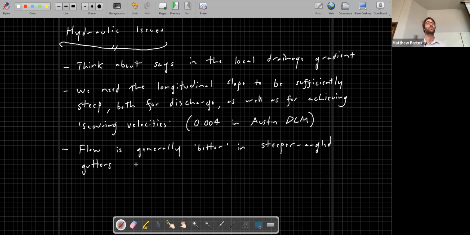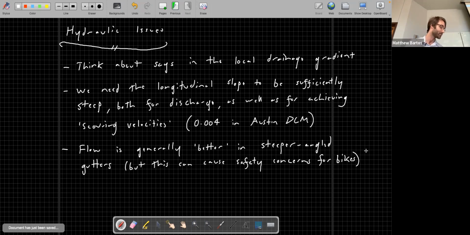But again, this can cause safety concerns for bikes. So often what we will do, as you'll see later on in class, is we will have a gutter with two different slopes, one with a steeper slope towards the curb and a shallower slope towards the street. Okay, and that's called a composite gutter.